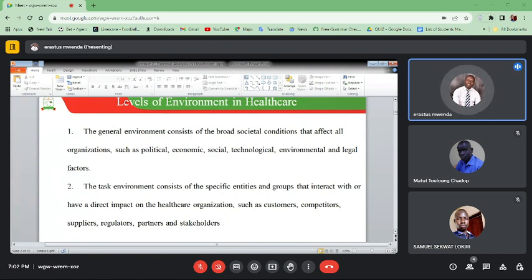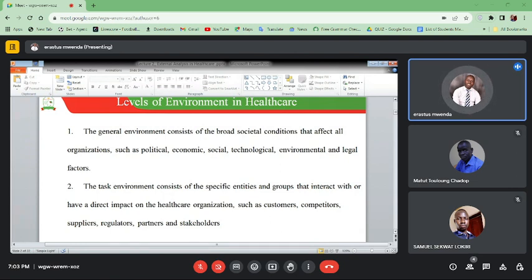And then another level of environment in healthcare is the task environment, which consists of specific entities and groups that we are going to be interacting with. And these groups will have a direct impact on the healthcare organization. For example, the customers, who could also be referred to as the patients, the competitors.